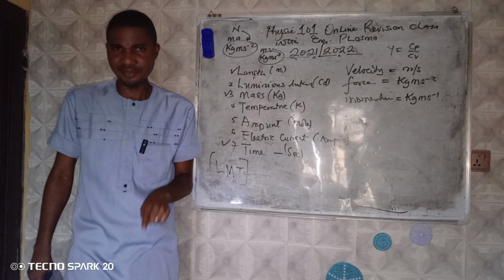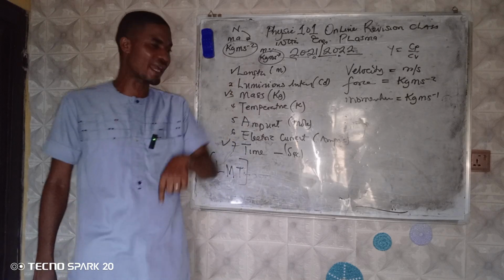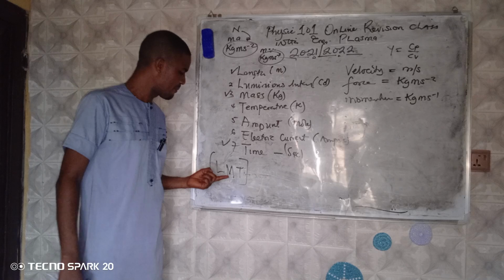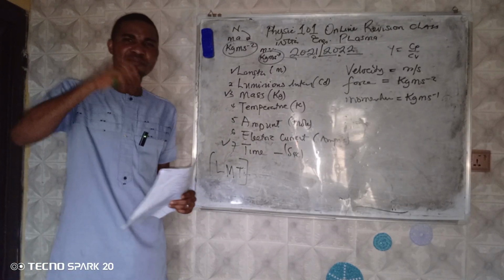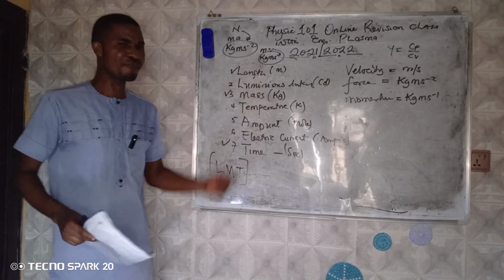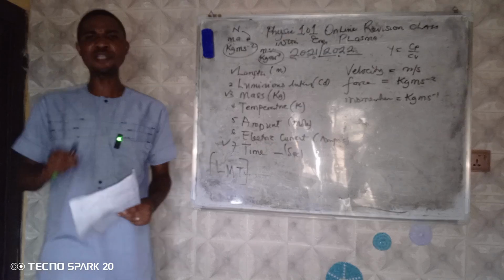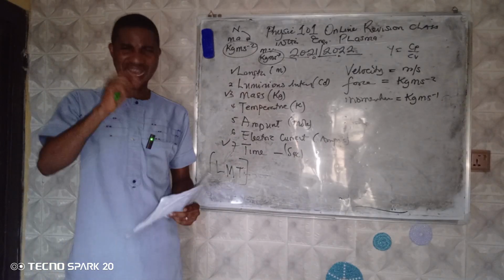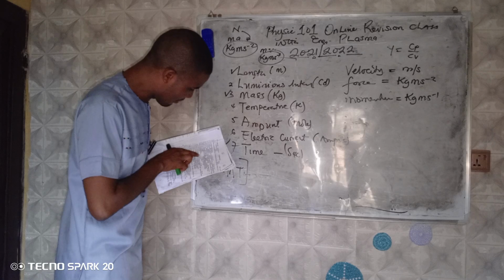And whenever, I repeat, whenever any physical quantity is defined based on length, mass, and time, that expression is called dimension analysis. When you express or define a physical quantity using length, mass, and time, what you are doing is dimension analysis.